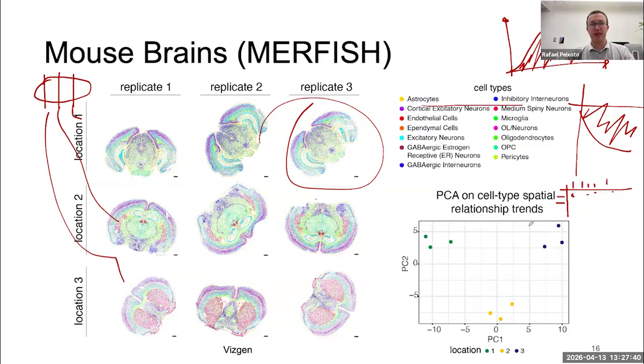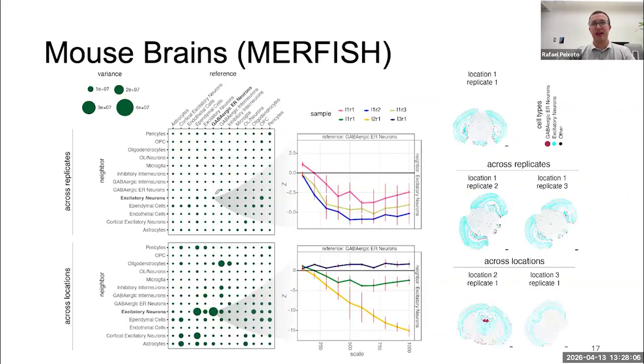One way of analyzing this is by performing principal component analysis on this matrix. We notice that samples that came from the same location are more similar than samples that came from different locations, which is what we were expecting. We are also able to dive further into these results by analyzing the variance of these relationships.